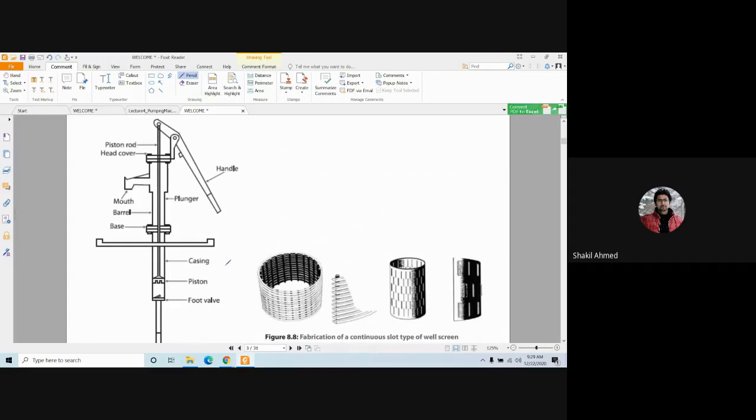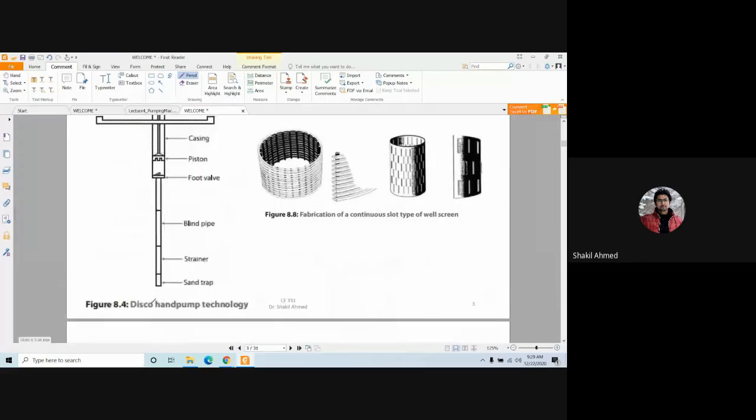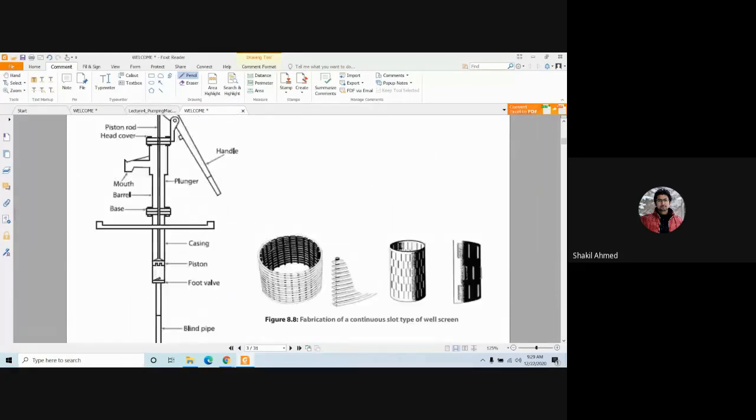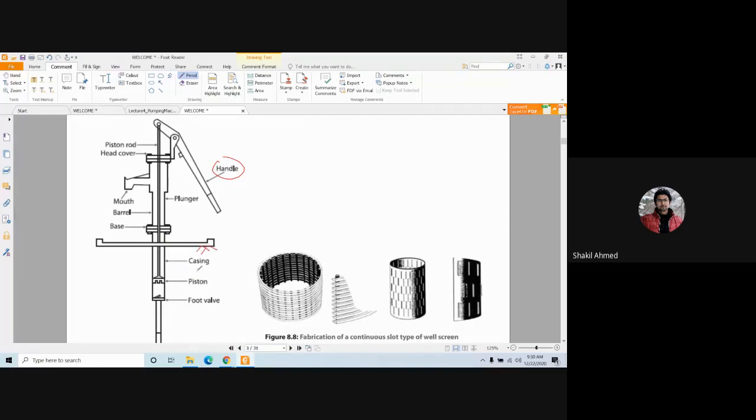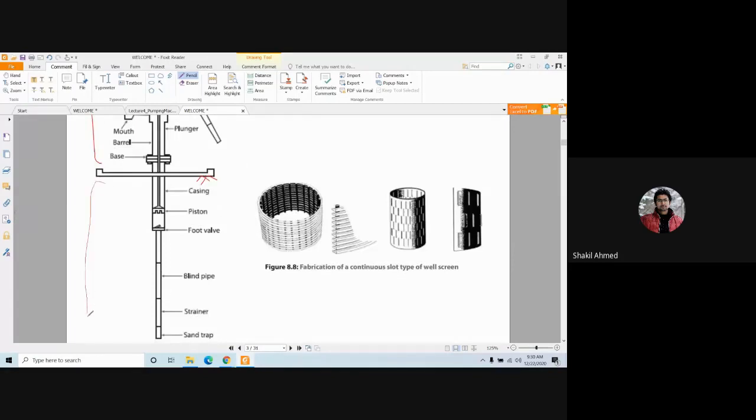You see that this is a disco hand pump tube well. It's a hand pump, so you need to manually handle this. This is the ground surface, for example.